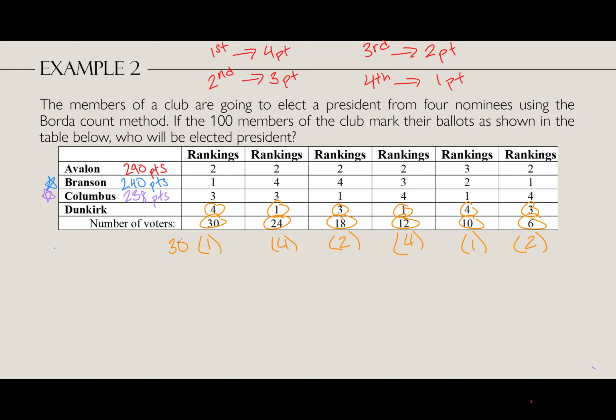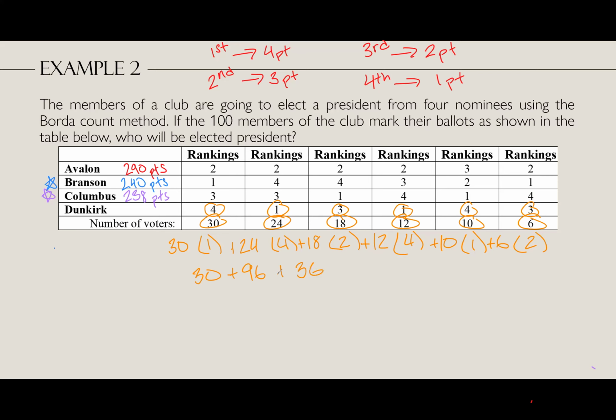30 voters put him last. 24 voters put Dunkirk first. Plus 18 times 2, 12 voters in this manner, 10 and 6. So we get 30 plus 24 times 4. We get 80 plus 16, giving me 96.